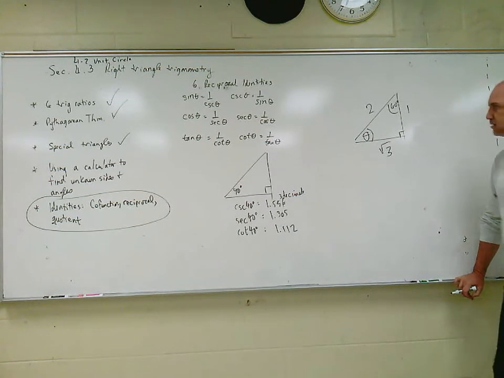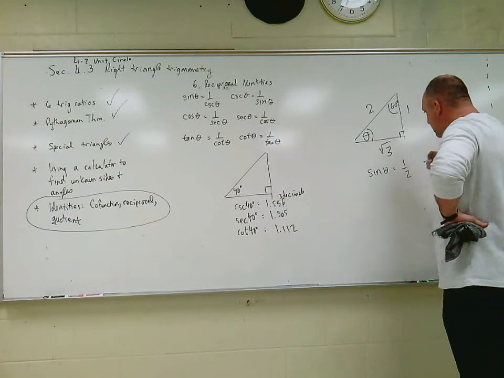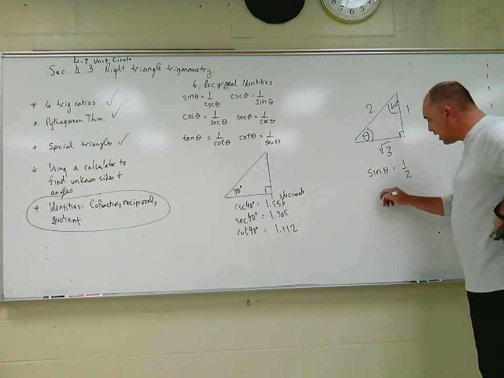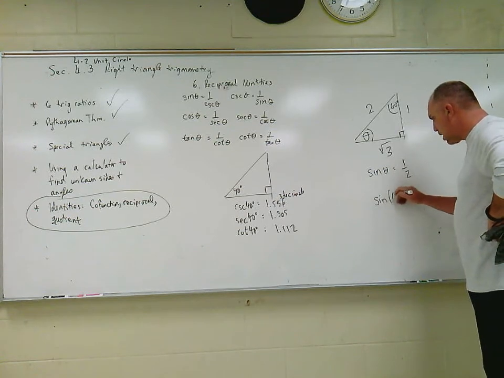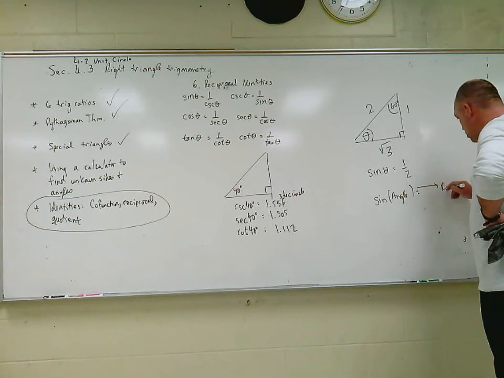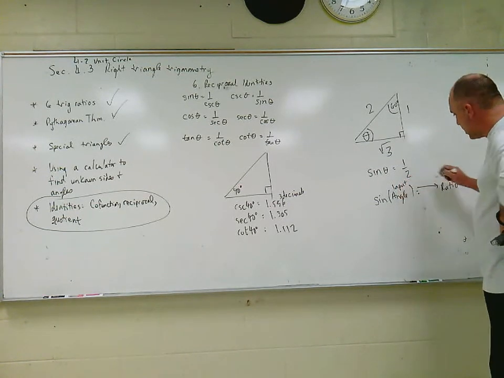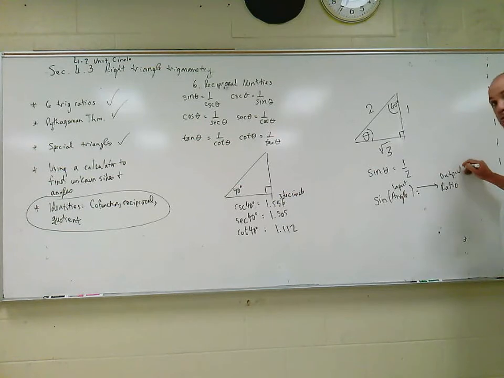So for instance, we know that sine of theta should be 1/2. The way sine works is you type in an angle and it gives you the ratio. So you input an angle and the output is a ratio. That's how that button works.